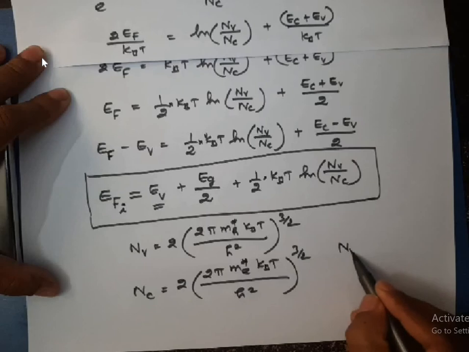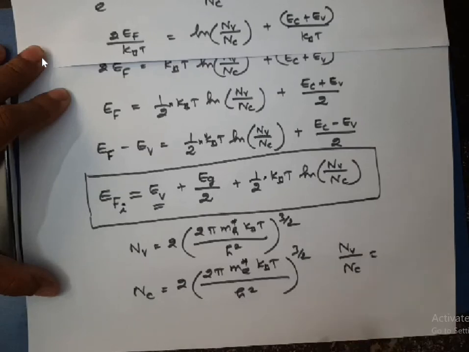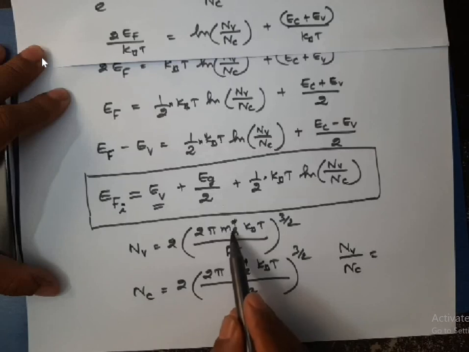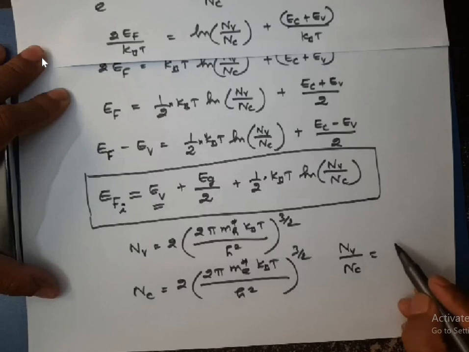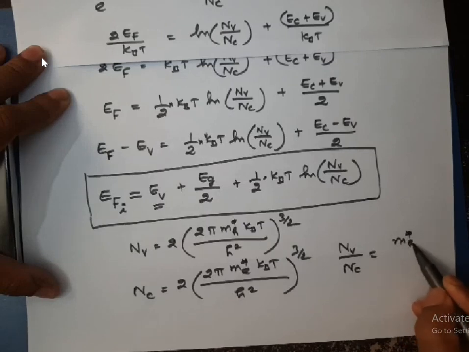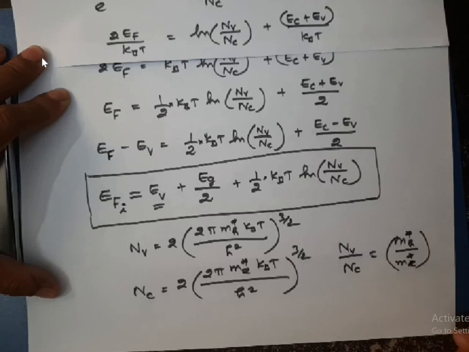Then what is NV by NC? If I divide these two, except the effective mass of hole and the electron, the remaining things cancel. So I'll get (effective mass of hole by effective mass of electron) whole power 3 by 2.